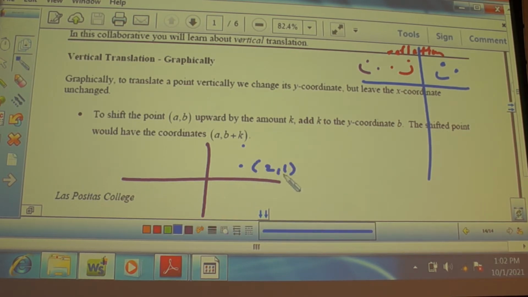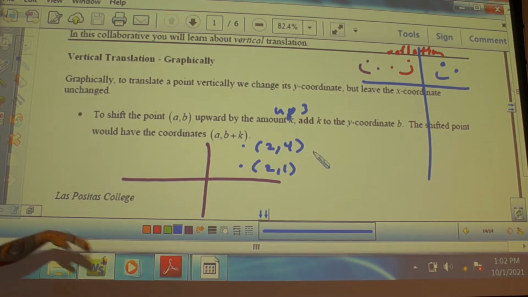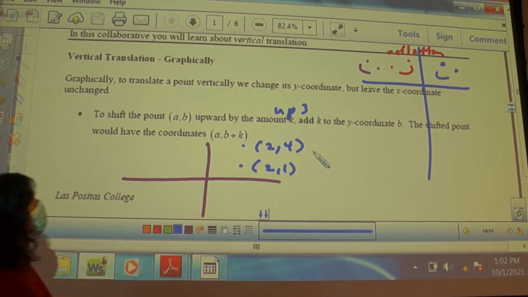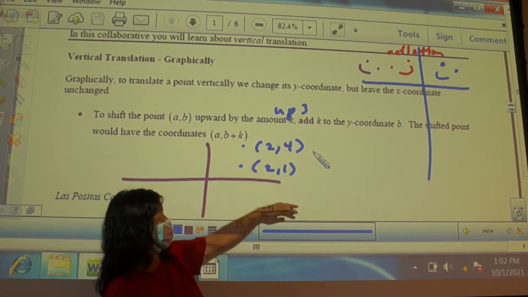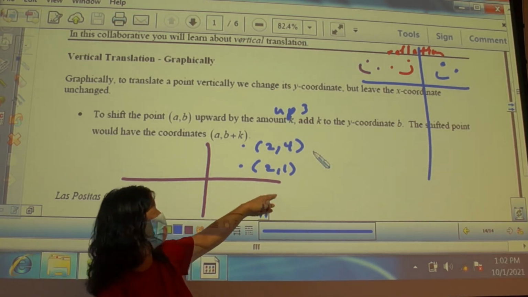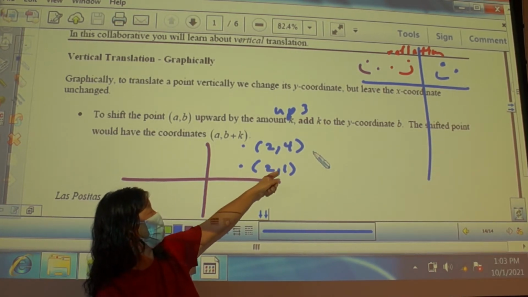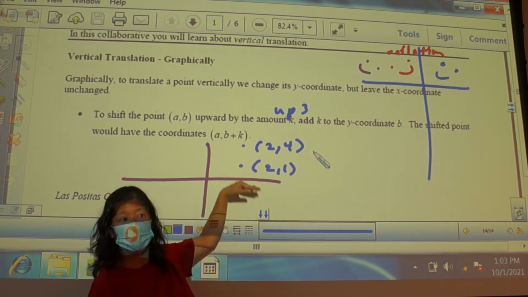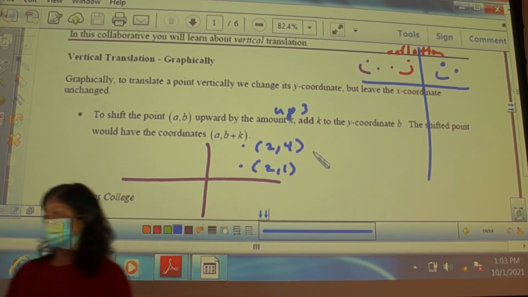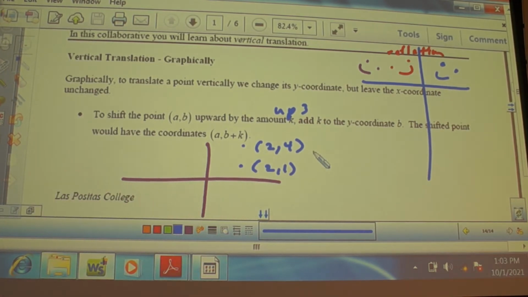If I want to shift it up 3, I would just add 3 to the y. This becomes, all of a sudden, boom, (2, 4). Everybody kind of on board with that? Okay. And if I wanted to lower it, I would subtract from there. If I wanted to move it down 1, I'd go (2, 0). I would just move it down. So this adding or subtracting from that spot moves it up or down. So that's the graphically.